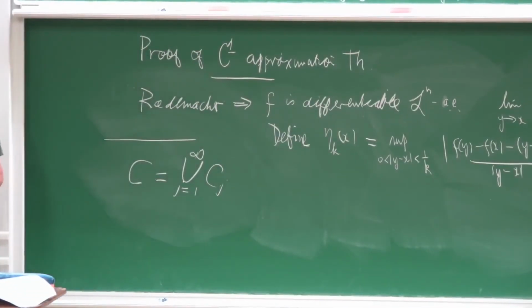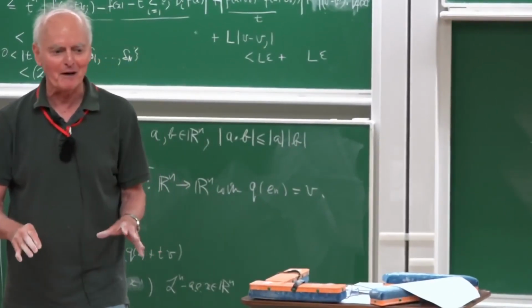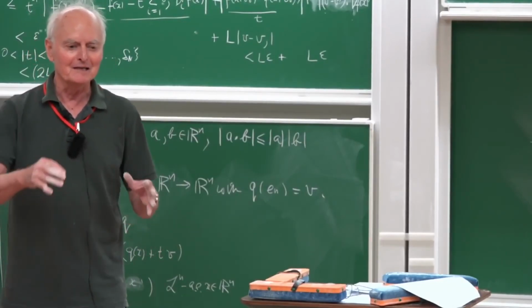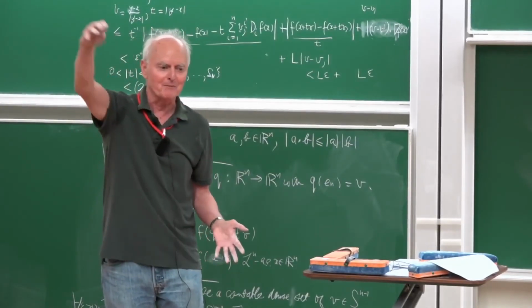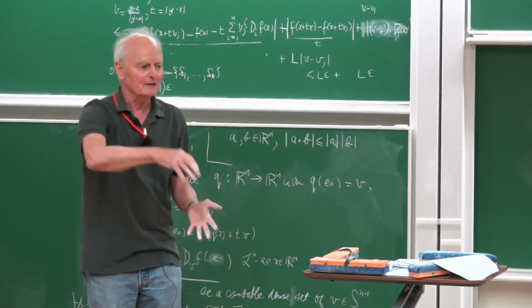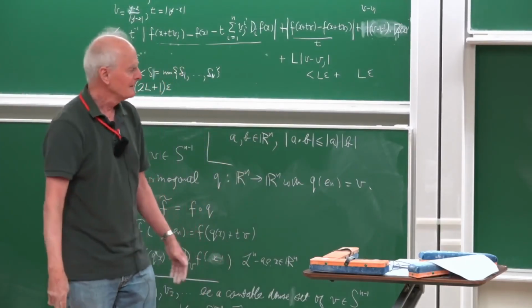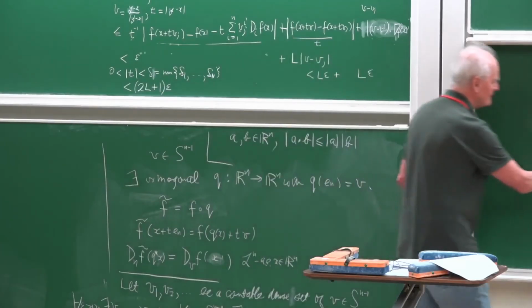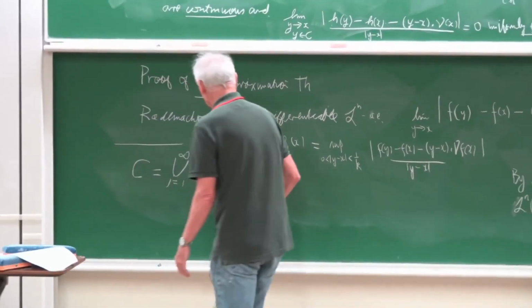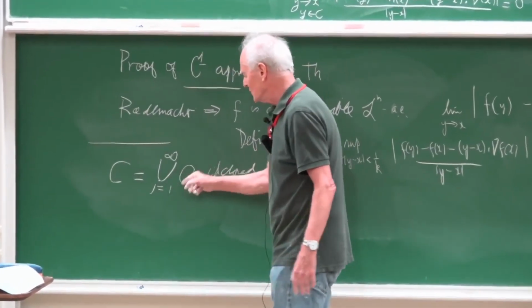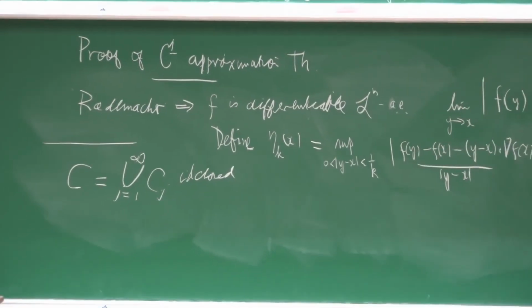Now, before you protest that the union of closed sets is not necessarily closed, think about it. These are unions of sets over separate annuli. They're disjoint sets, and only finitely many of them intersect any given ball, right? So this is still a closed set. Normally that wouldn't work because you usually can't take the countable union of closed sets, but these are well separated, so you can do that.